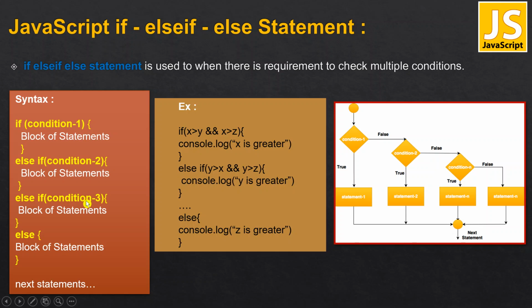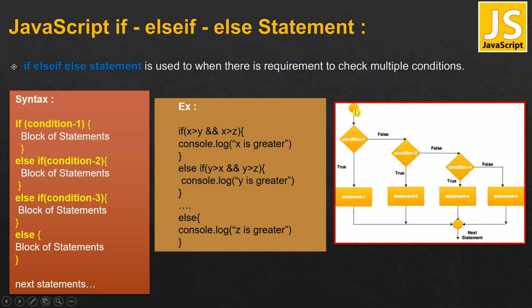If condition 3 is also false, then the last else block will be executed. So the else block will execute when all the conditions given above are false. Okay, then only the else block will execute, right?